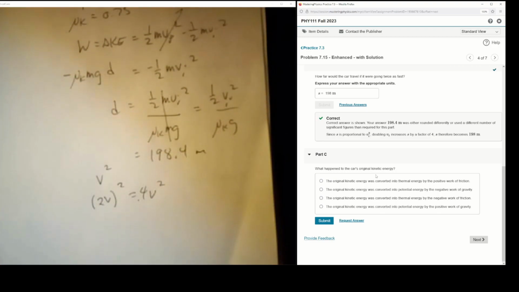All the kinetic energy here is being converted, and I'm just looking at the words they're using here. It gets converted into thermal energy, so heating things. If you don't know, temperature in physics is a measure of how fast particles move.